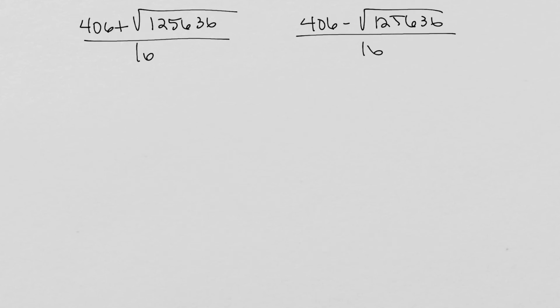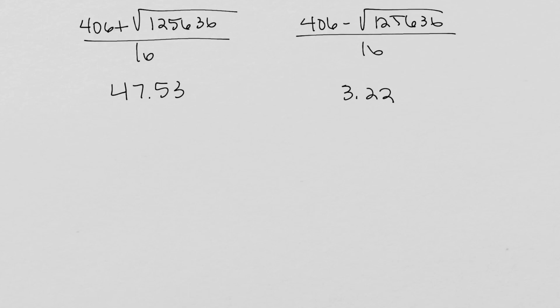I've transferred the two solutions. On the left, I'm going to have 47.53. It's an approximation. On the right, I'm going to have 3.22. That one was close. I wasn't sure if it was going to end up being a negative number or not.